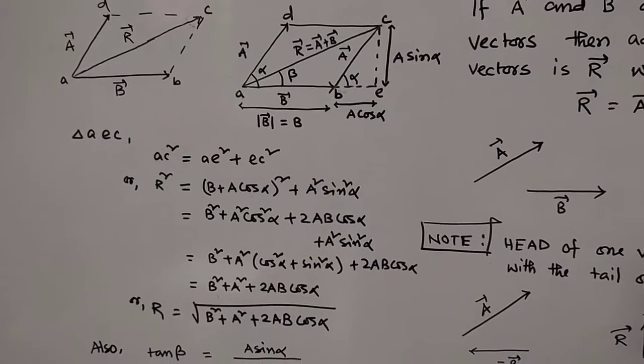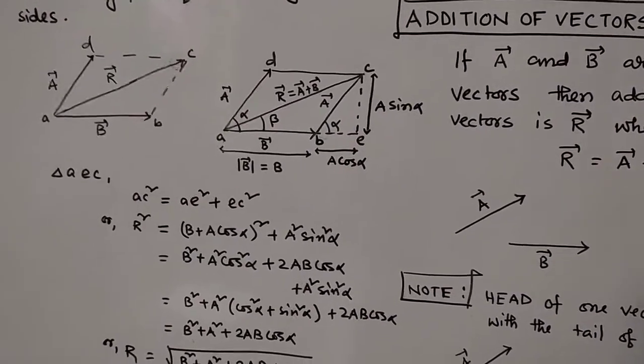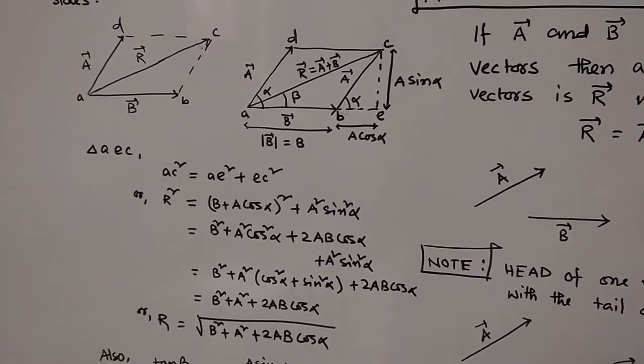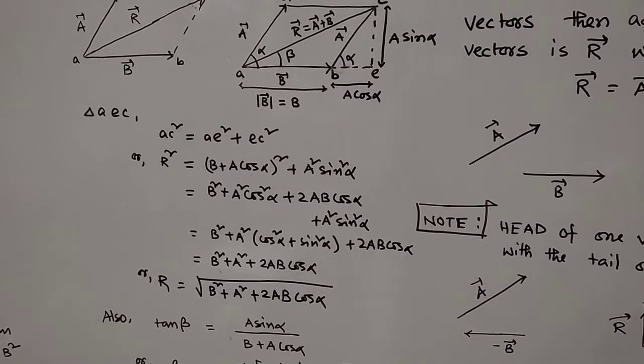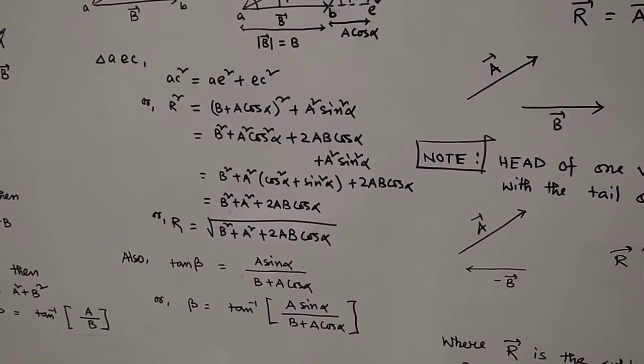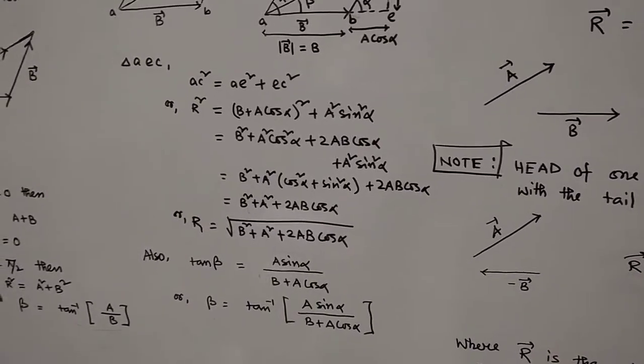If you find tan beta in the right angle triangle, you get perpendicular by base, that is CE by AE. CE is A sin alpha and AE is B plus A cos alpha. So beta equals tan inverse of A sin alpha by (B plus A cos alpha).